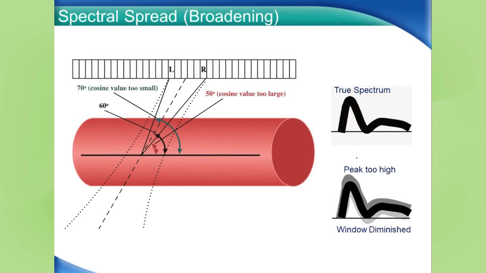So here's why that happens. This is supposed to represent a large transducer, like our large linear array. Here's a vessel like a carotid that's relatively shallow. And when we transmit, we don't transmit from one single element. We transmit from a group of elements. So the Doppler angle is measured from the center to the direction we set the flow indicator, and we say that's our Doppler angle.